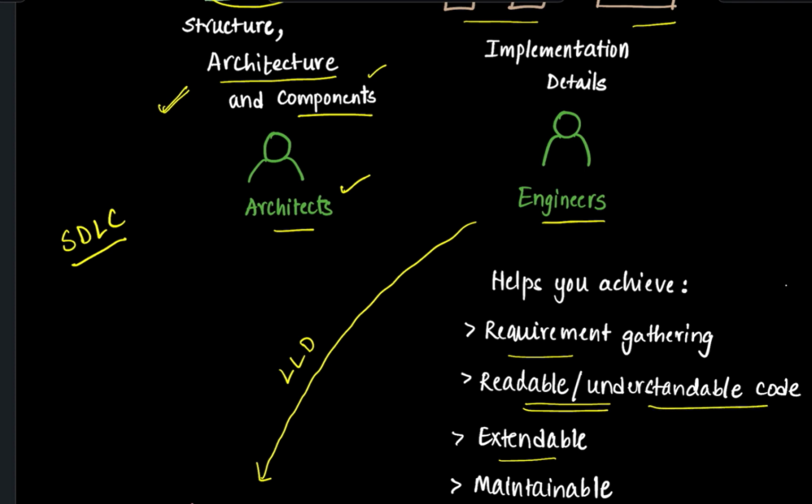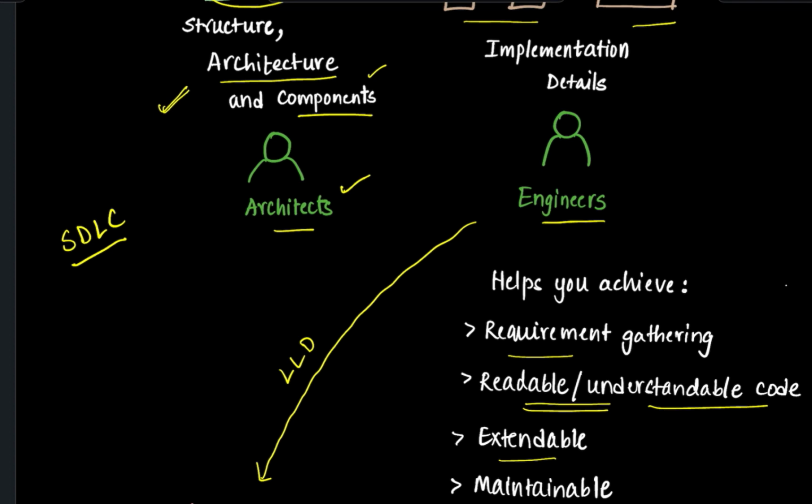Code can be written by everybody, but what makes it stand apart is its quality of being readable and understandable. That is very important when writing code. Another important thing is that low level design helps us achieve extendability, which is being able to add new features to an existing code base without having to modify other stuff in it.